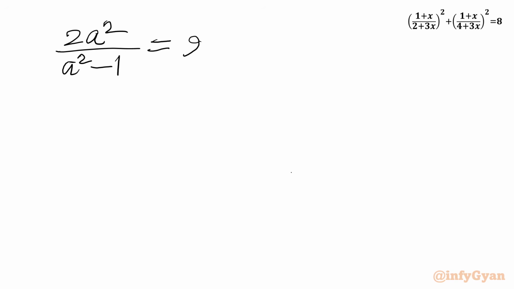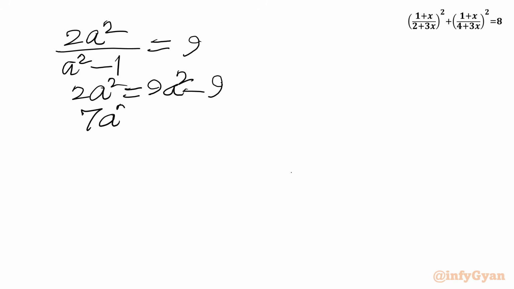We'll cross multiply. So 2a square will be equal to 9a square minus 9. We will get 7a square equal to 9. By dividing 7 both sides, we can get a square equal to 9 over 7.